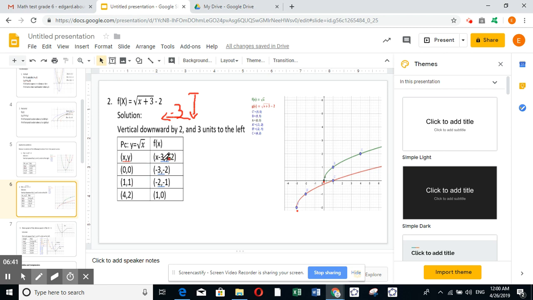If you put 1, 1, you get minus 2, and 1 minus 2 is minus 1. So for this point 1, 1, you go 3 units to the left and then 2 units down. And this point here, you go 3 left and 2 units down, you have that point. So as we said, you can check by these points.